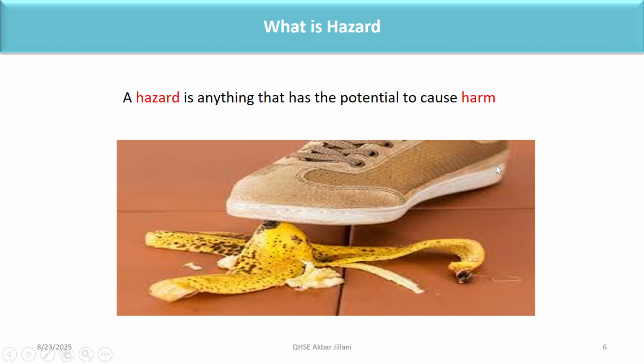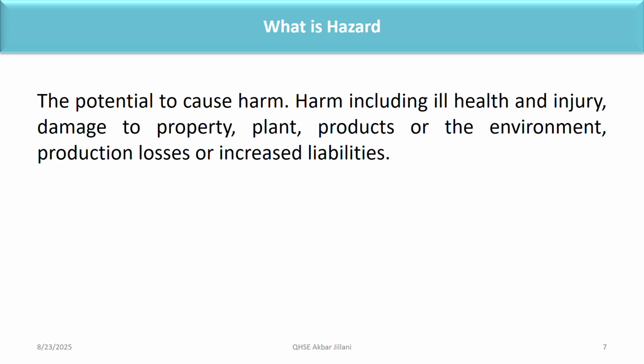So from the hazard we have the risk. Now what is a hazard? The potential to cause harm, including ill health, meaning health and injury, damage to property, plant, products, or to the environment, production losses, or increased liabilities. This is called a hazard.